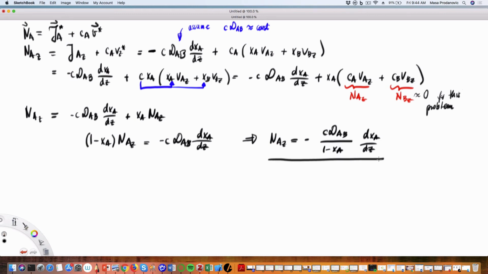This is essentially what I need to proceed, because I can take derivative of this with respect to Z and solve for XA. Like I didn't know what NAZ was in terms of XA, and my boundary conditions are in terms of XA.